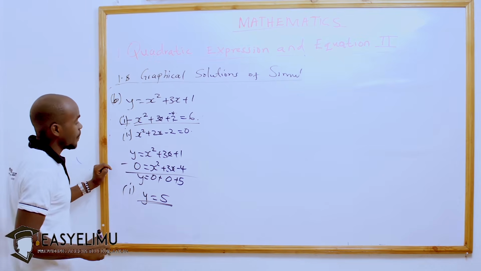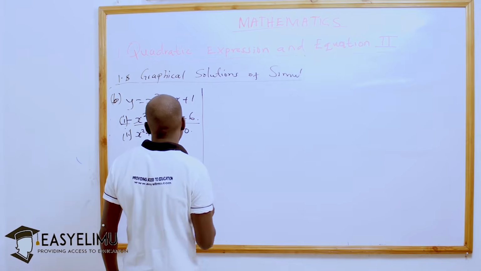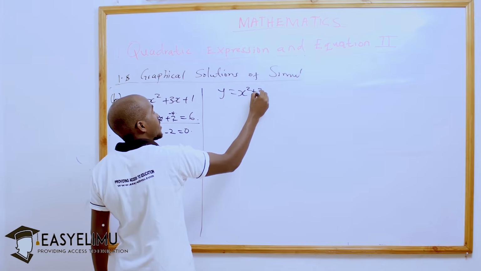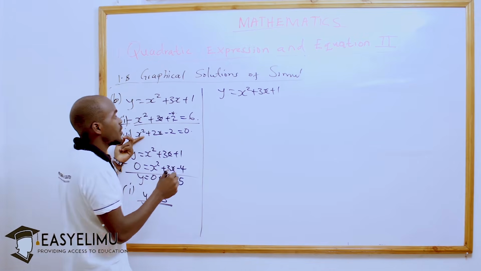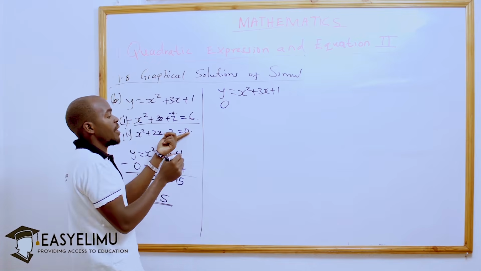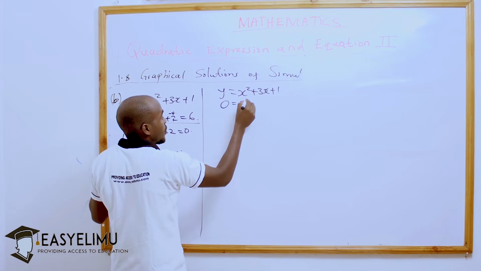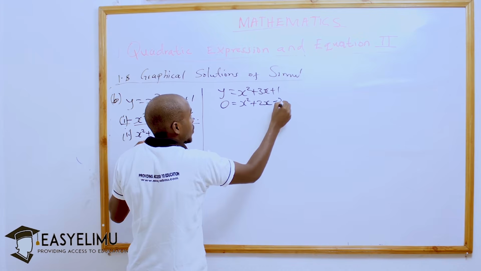For the second one, we are just going to do the same. That is y equals x squared plus 3x plus 1. Then we take this one, starting with the other part, which is 0 equals x squared plus 2x minus 2.